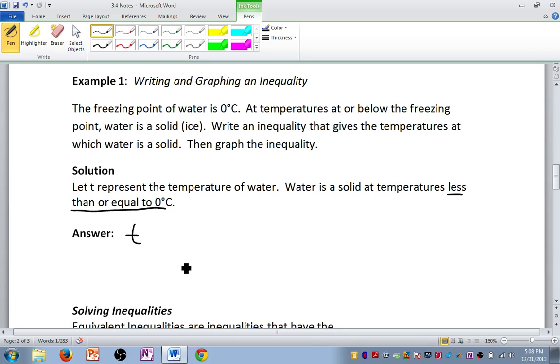So our symbol to show less than or equal to 0. And from there, we're going to graph it. So we draw a number line. Two arrows on the end show us that the number line keeps going. And we're going to just count by tens.